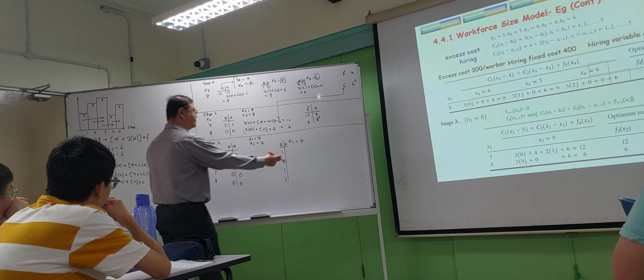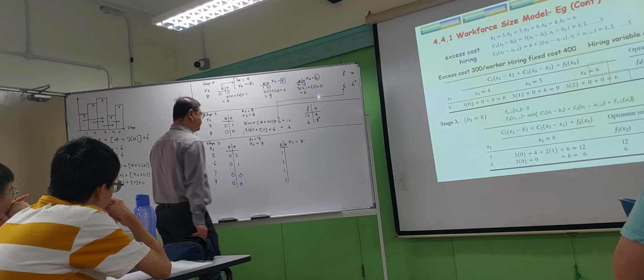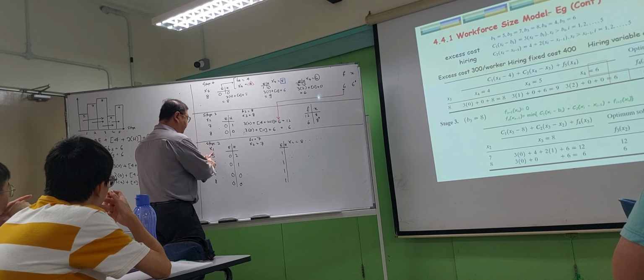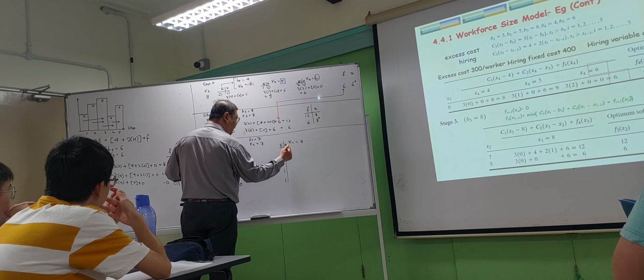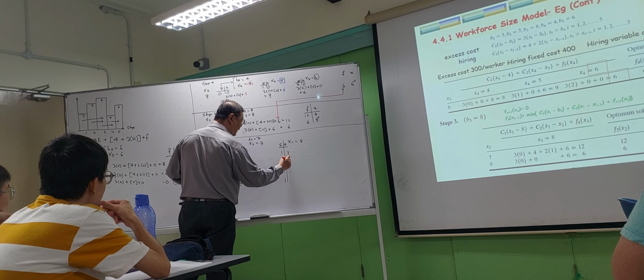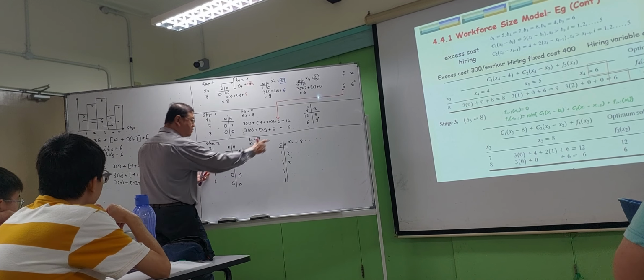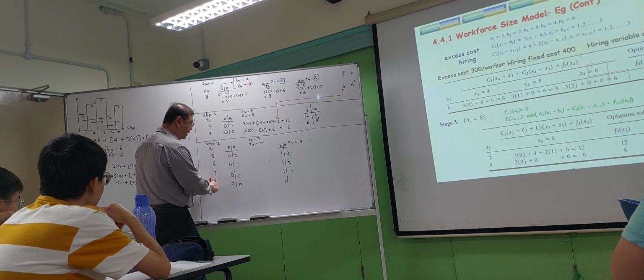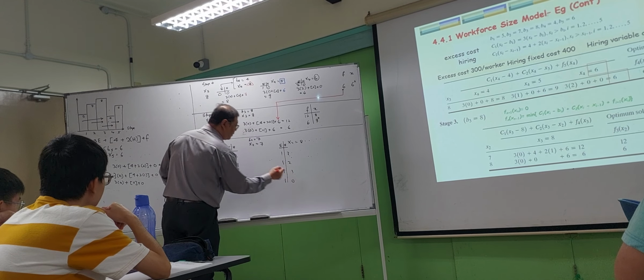Now what about here? From 5 workers to 8 workers, you need to hire 3. From 6 to 8, you need to hire 2. From 7 to 8, you hire 1. From 8 to 8, you do not hire.